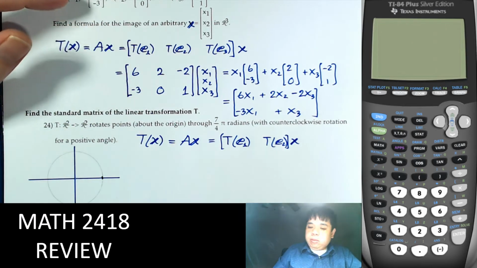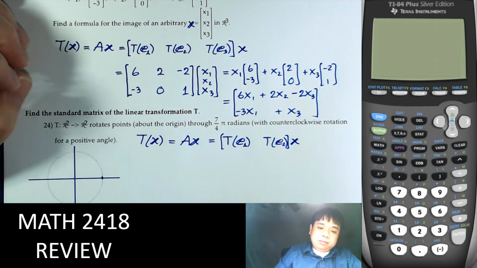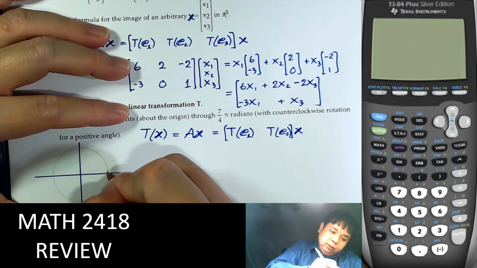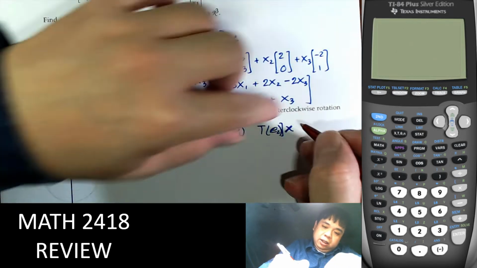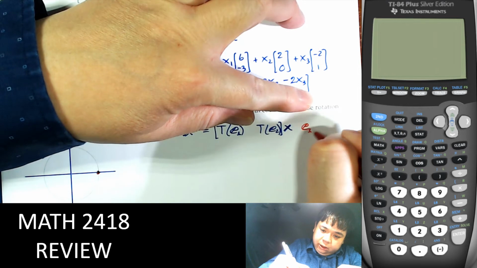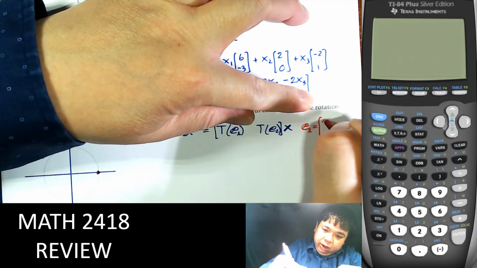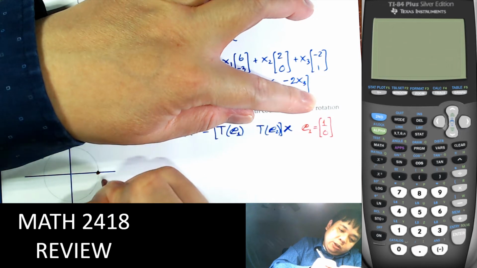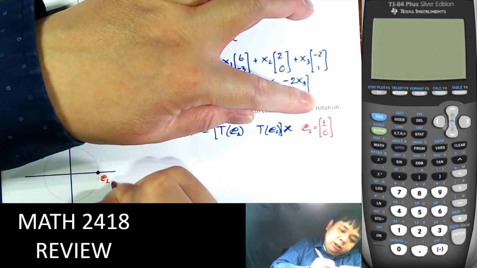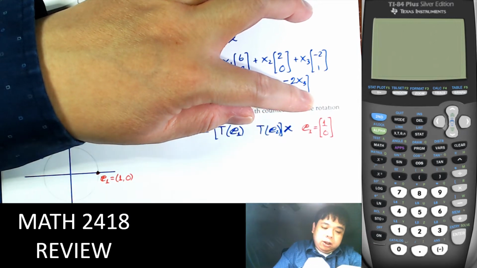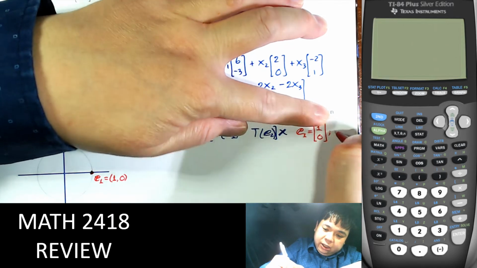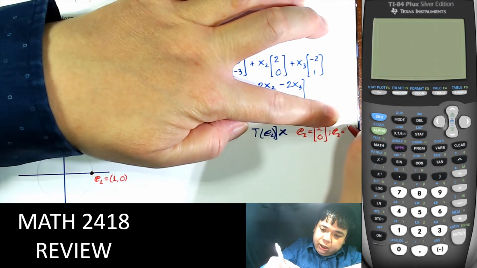So first we have E1, which is the vector (1, 0), or the point (1, 0). So this is E1. You can write it as a point or as a vector, it's the same. E2 is (0, 1).